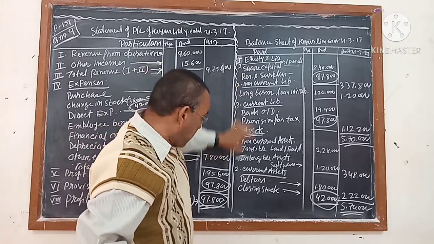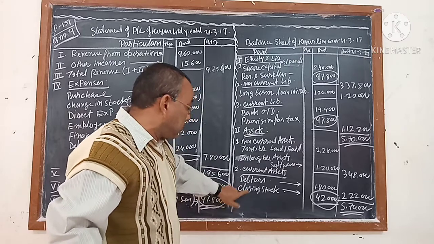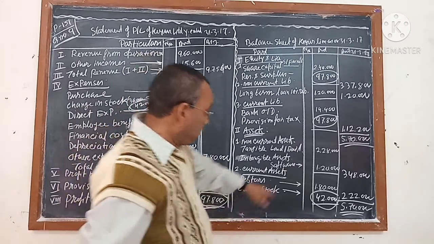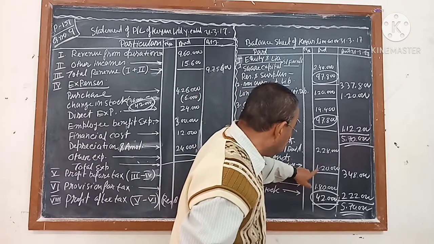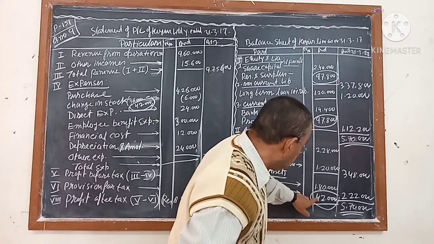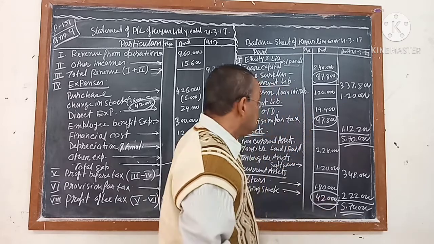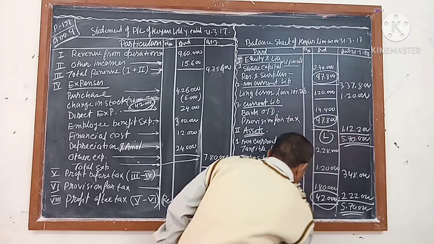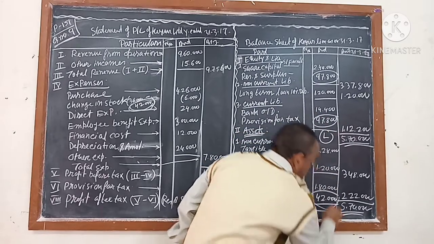This and closing stock are not given, even in your question here. Closing stock also will come here. If you add it, this is coming 3,48,000, and this is coming 2,22,000. Yes, 5,70,000. So 5,70,000 is your total liability and 5,70,000 is your total assets.